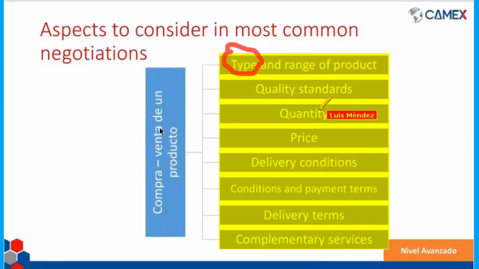So of course you also have quantities and the price. Of course you have to understand if the price that is established includes the transport, additional costs, and other things, okay?